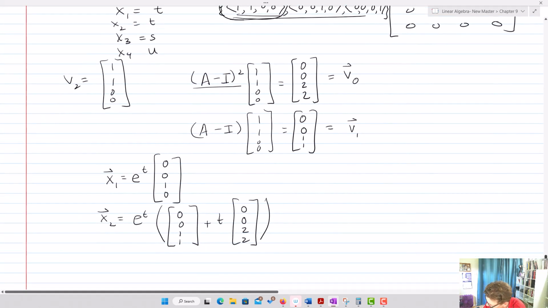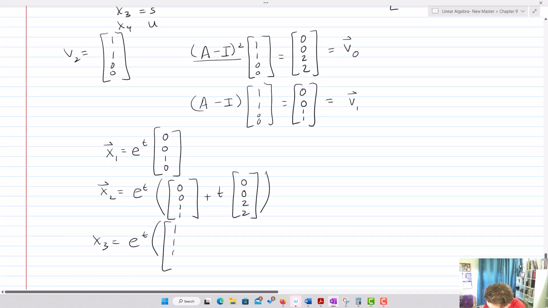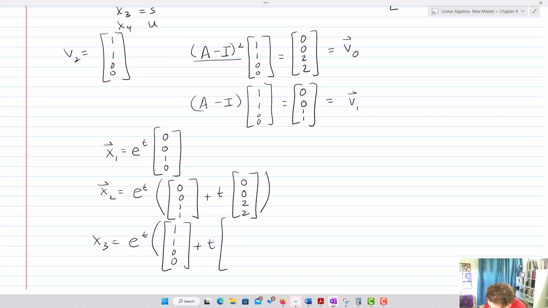Then x3 is going to equal e to the t times v2, so it's going to be 1, 1, 0, 0, plus t times 0, 0, 1, 1, plus 1/2 t squared times 0, 0, 2, 2.